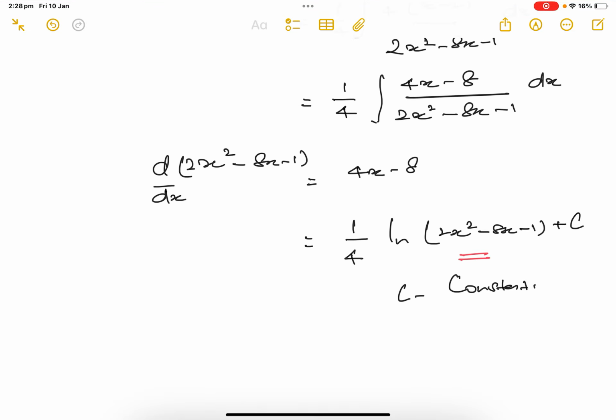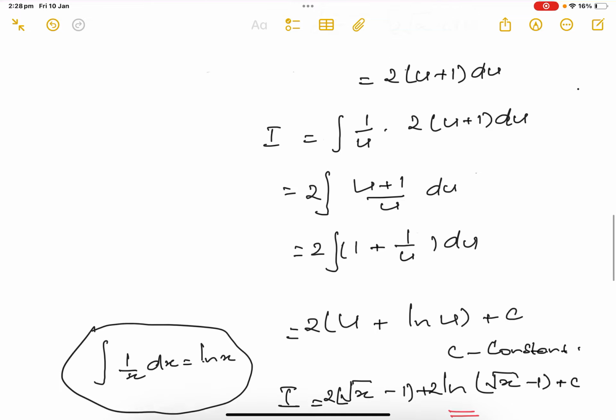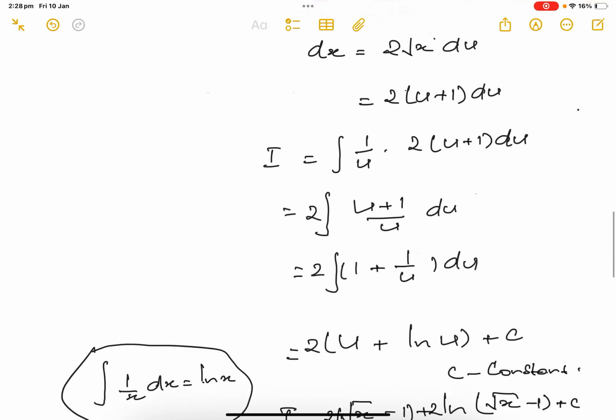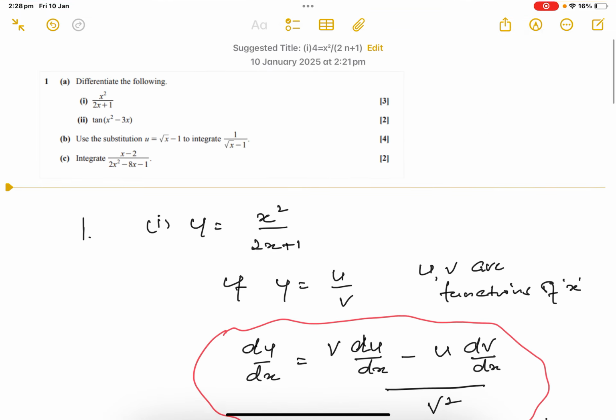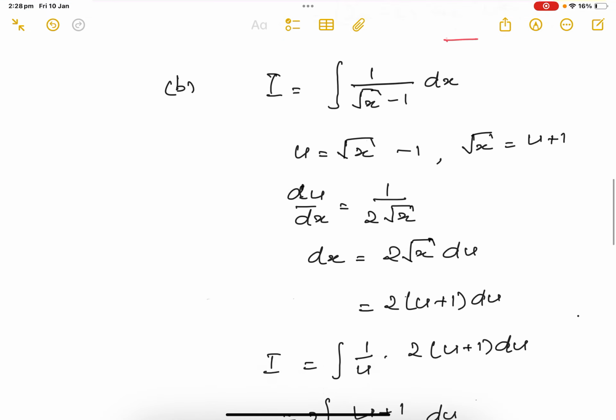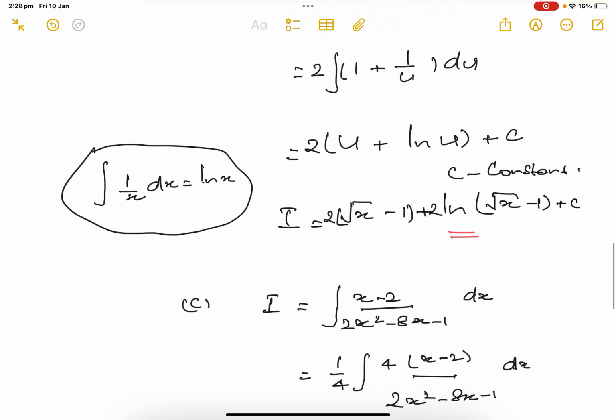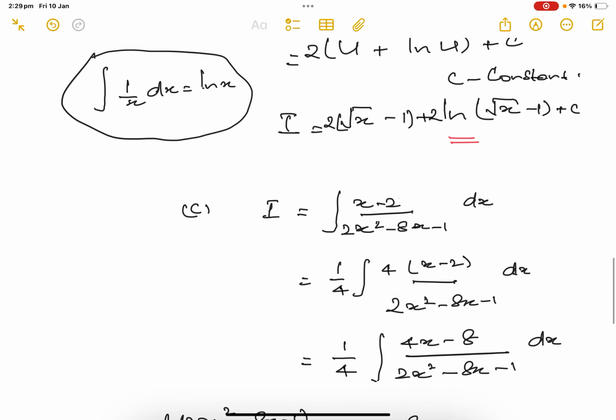Just a little hint or advice: normally the later part may have some connection with the earlier part. Here, if you look at part B, we have ln in the answer.